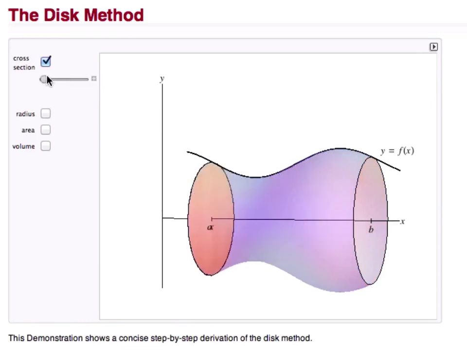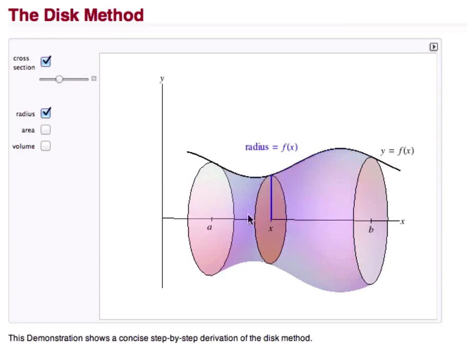And the cross section at x is going to be in the shape of a circle. And you can see that the circle is going to have a radius right here. And that radius is actually going to be f of x, or the height of the function at that given x. So you can see that the radius is going to change based on what x is. So the radius is always going to be f of x.